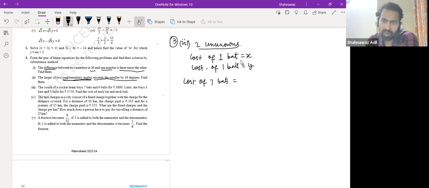Similarly, you have one bat which costs x rupees. So how much do 7 bats cost? 7x, right?